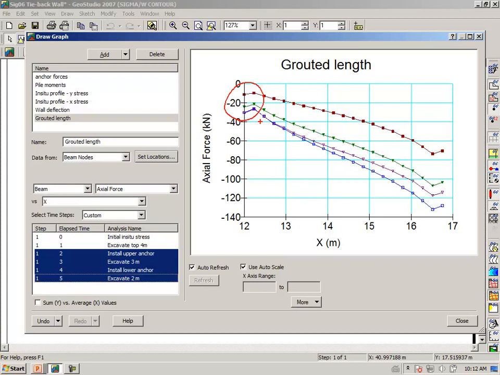This is because of the manner in which the axial forces are computed and the interaction with the other elements that are connected to the beam. We get a slight end effect here, but nonetheless it does show the general trend from small to big near the front of the anchor.